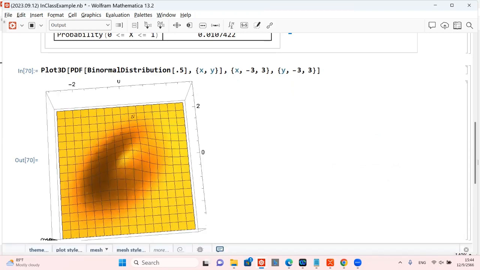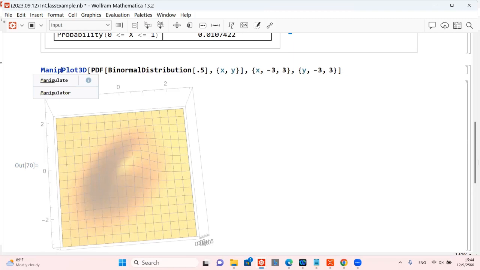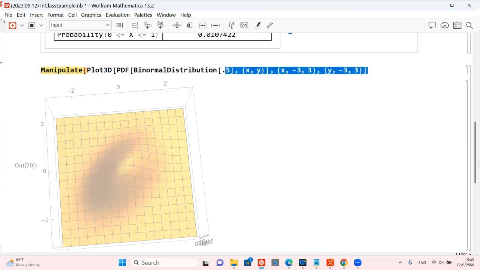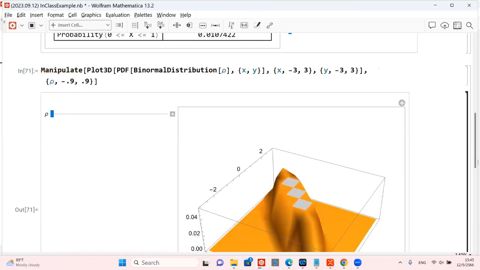So once again, let's do this. Manipulate. And then let's make this rho. Rho is escape, RHO, escape. You could just use R. That's okay, no big deal. Okay, there it is.